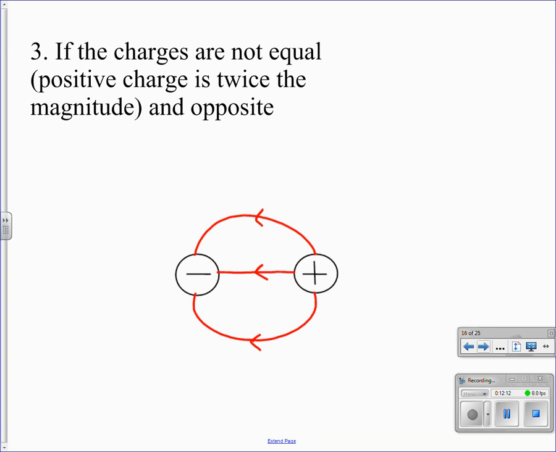The one in the middle, right down the center, looks like that, but the rest of them are warped. And it says the positive charge is twice in magnitude, which means the positive charge must have twice as many field lines. Because I have 1, 2, 3, 4, 5, 6 here and 1, 2, 3 here, that indicates that the positive charge has twice as much charge as the negative charge.